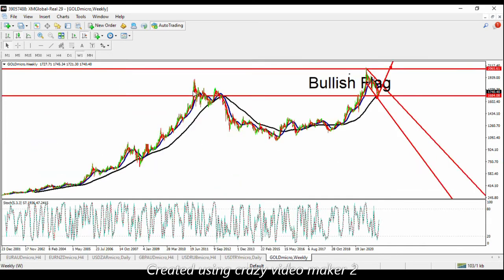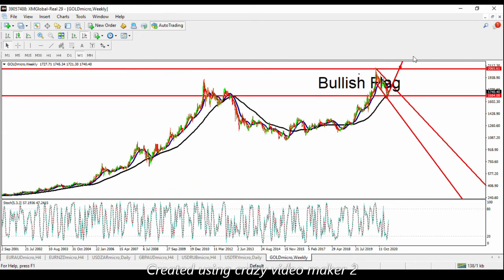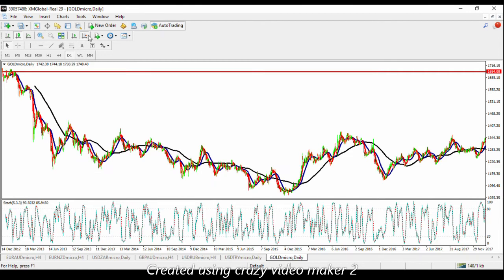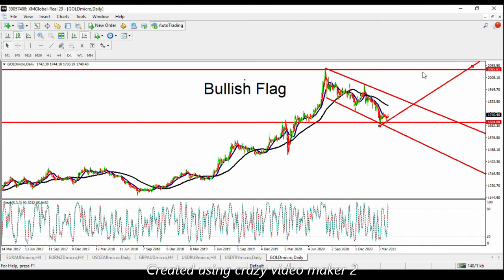I mean, I'm struggling to even push through to see how far it could go, but at most, I mean, at least it could go to 2000. So don't use this as your take profit. What you should know is you should measure the flag, and then that determines your take profit. On my MetaTrader, I just can't view the take profit.